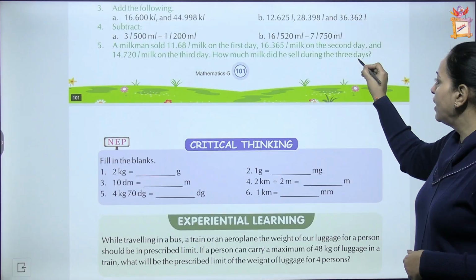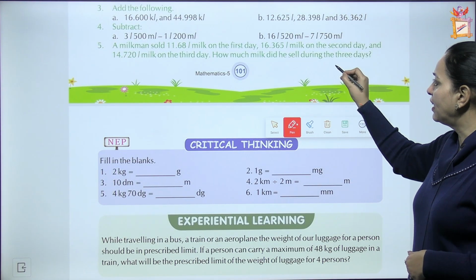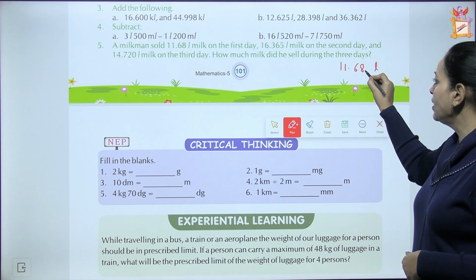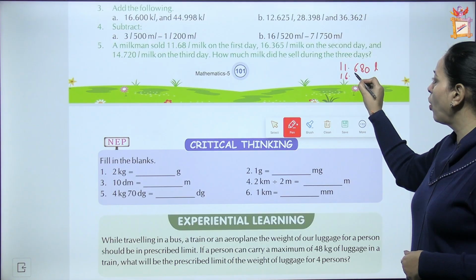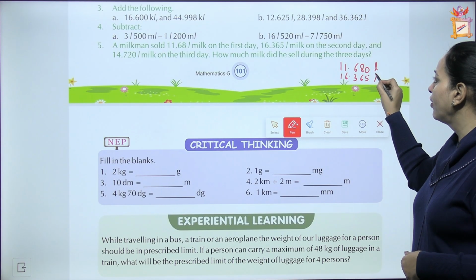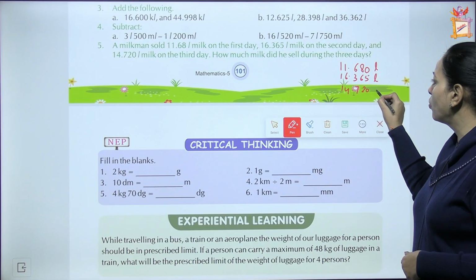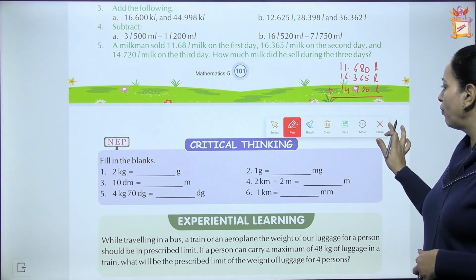So like this, 11.68 liter means 11.680. Then 16.365. Then 14.720. Add all these numbers, you will get the value.